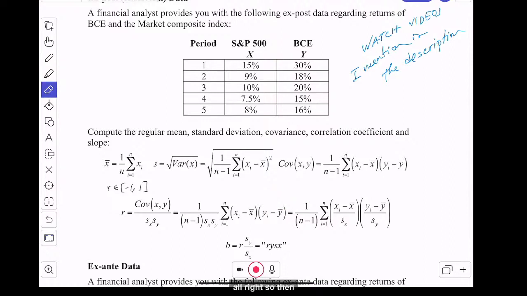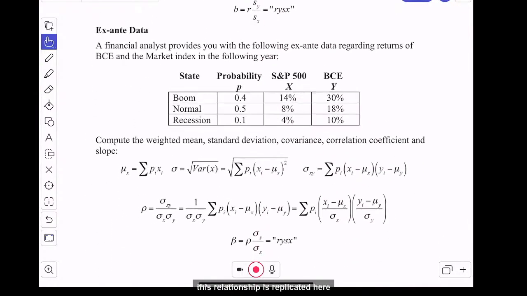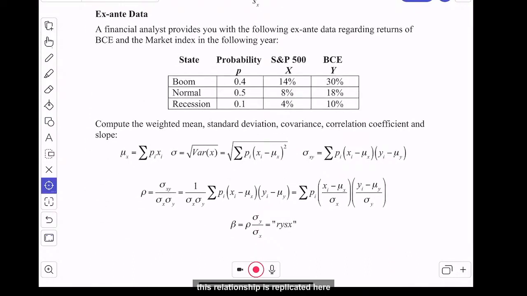All right. So then this relationship is replicated here. Not replicated, but this relationship is explored between these variables, but I presented them in a different way as ex ante data, where they become like a distribution. It's a discrete distribution.